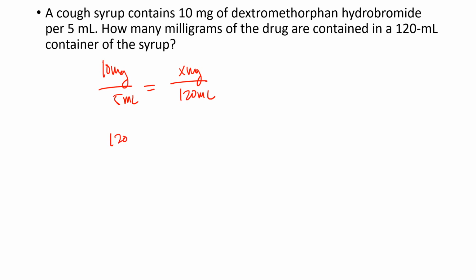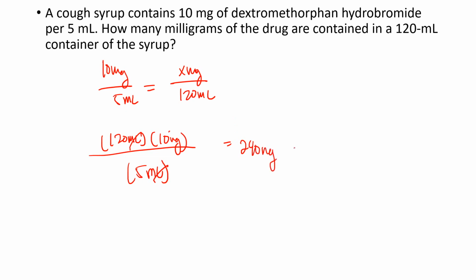Rearranging the formula, you will get 120 ml times 10 milligrams over 5 ml. You will get 240 milligrams of dextromethorphan hydrobromide.